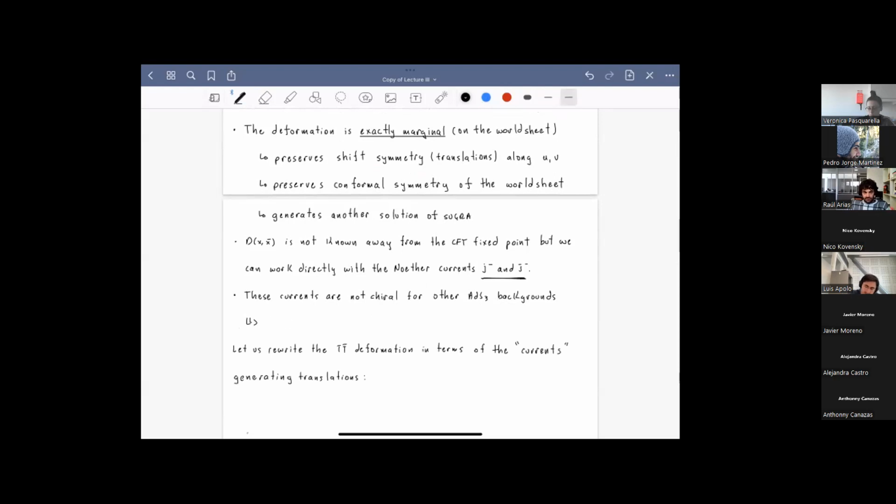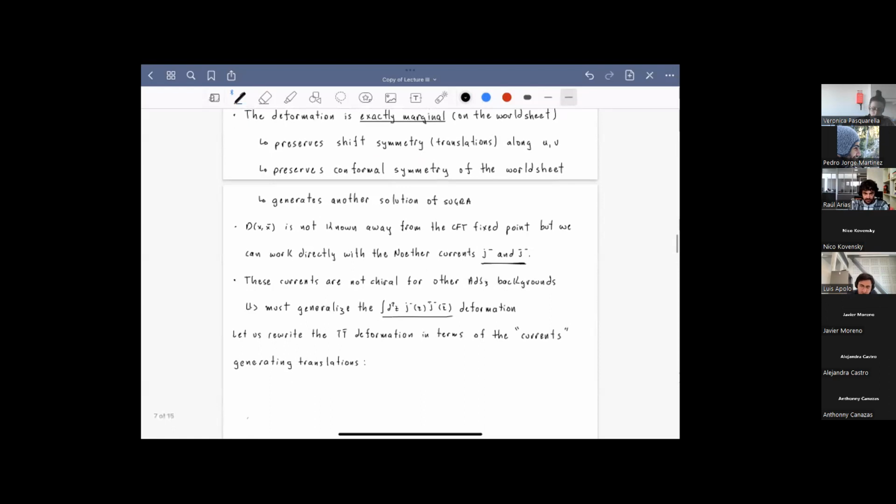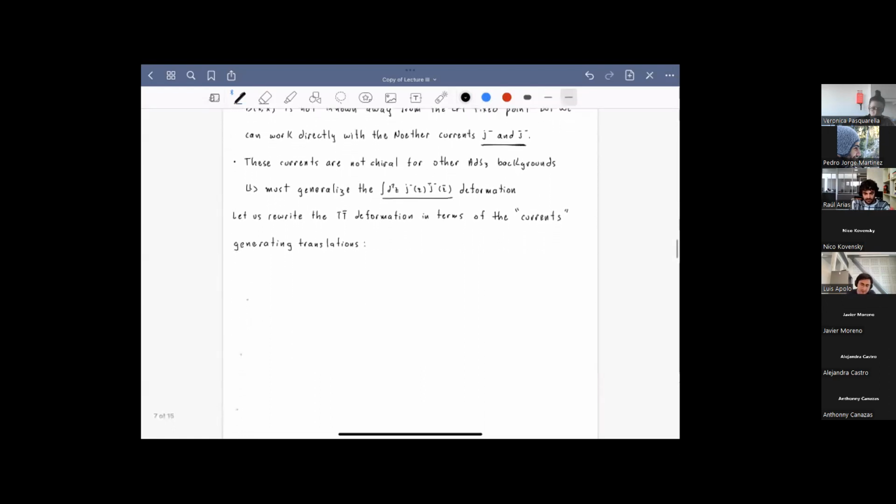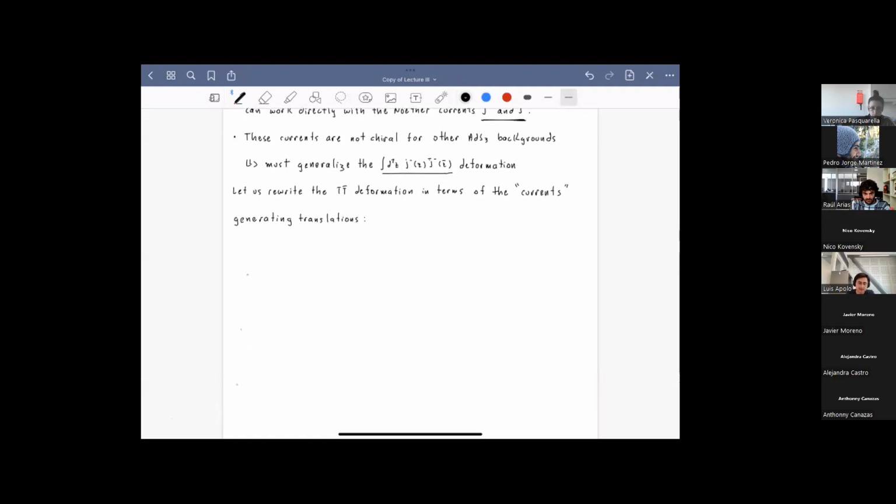What we must do now is generalize this current deformation to something that can be applied to more general settings. And in order to motivate what the generalization is, I'm going to first rewrite the TTbar deformation in terms of the currents generating translations.